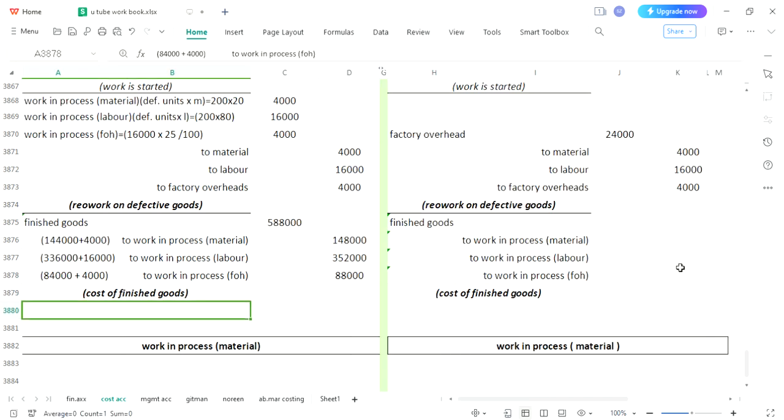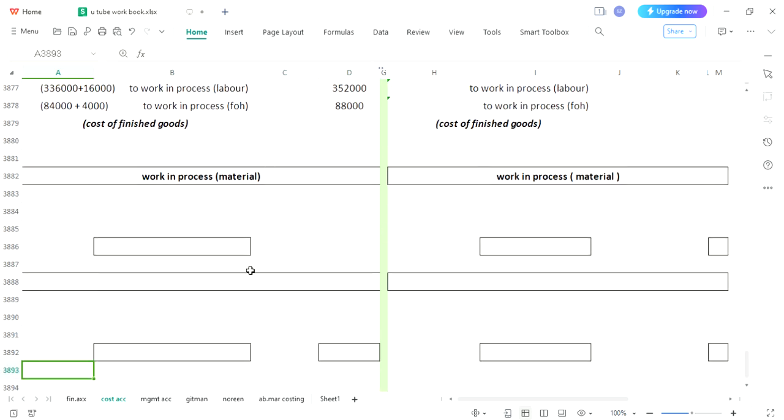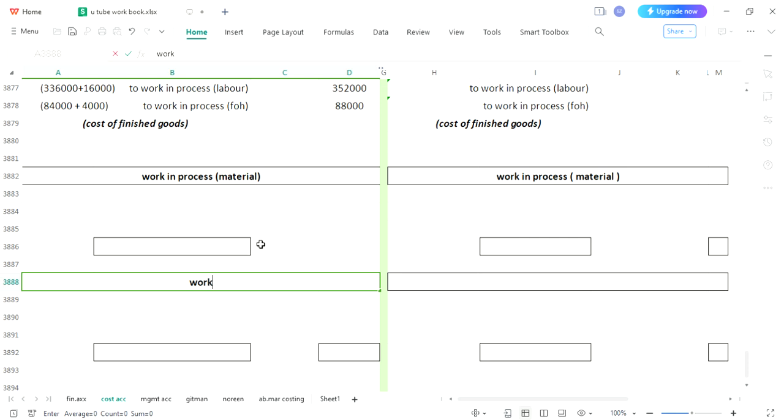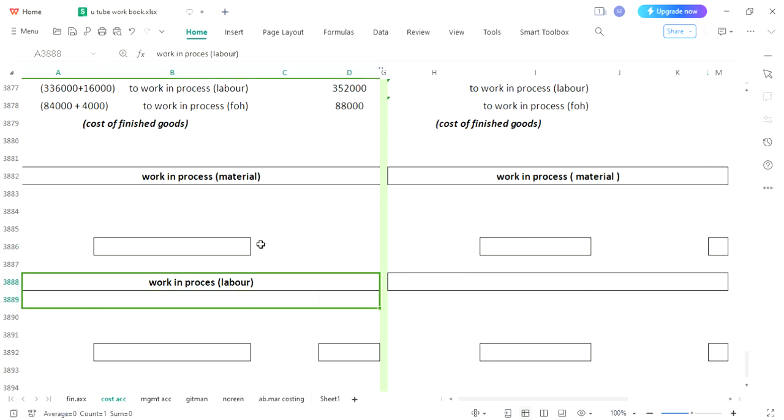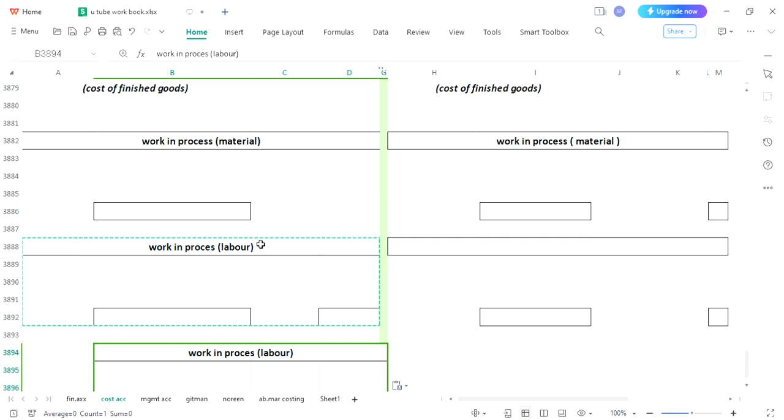You will be making three ledgers over here: the work in process material ledger, then the work in process labor ledger, and then you will be making your third ledger as well, and that is work in process FH.